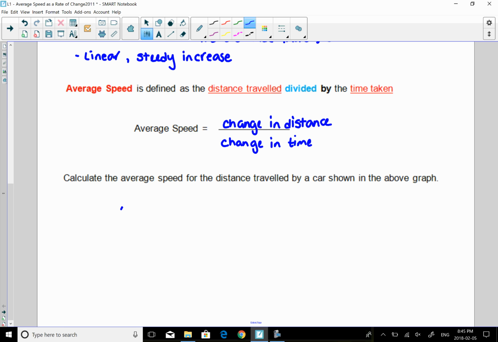So our average speed is equal to the change in the distance over change in time.